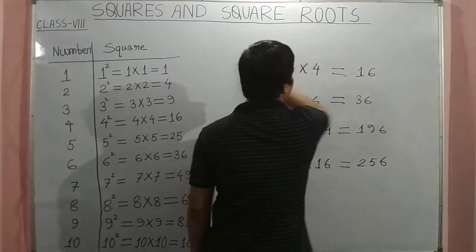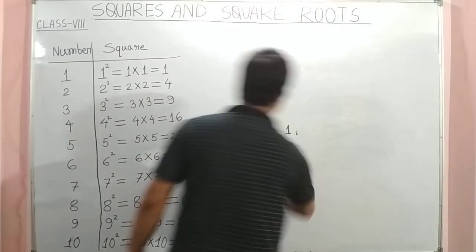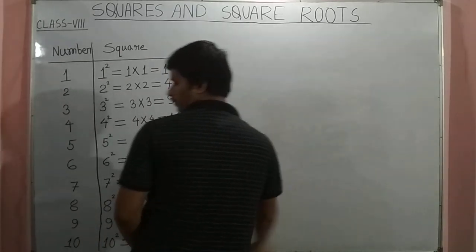Now, if a number ends with 5, then what will happen?